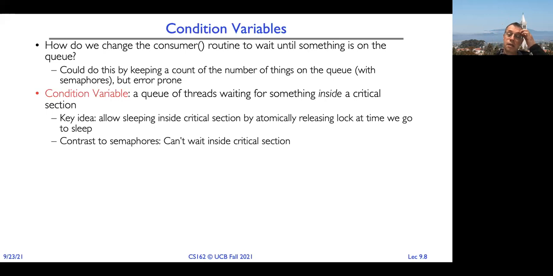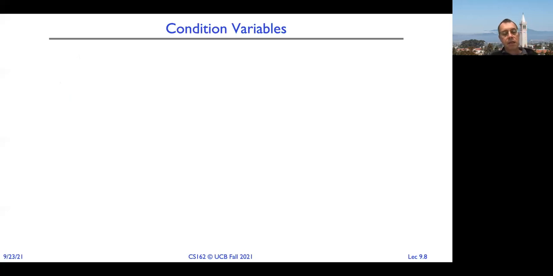The nice thing about monitors and condition variables is that condition variables allow sleeping inside the critical section by atomically releasing the lock at the time we go to sleep. Here is what I mean by that.